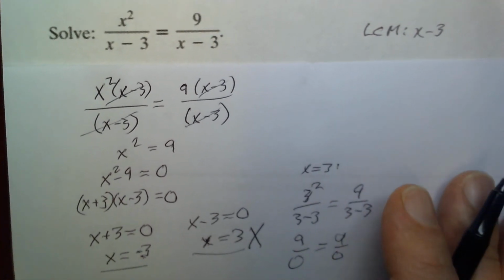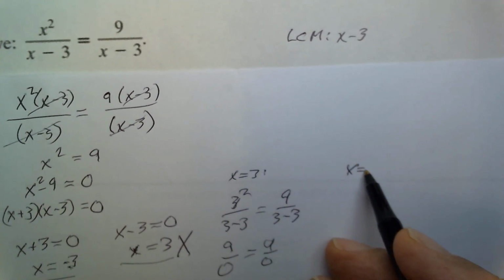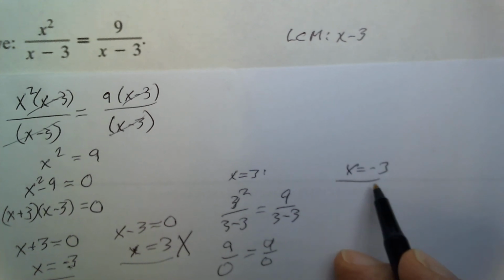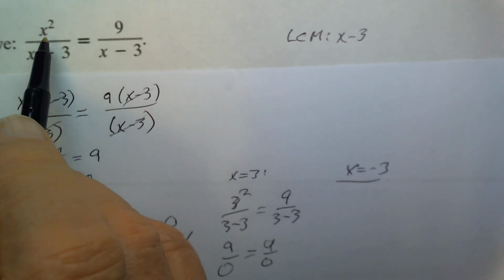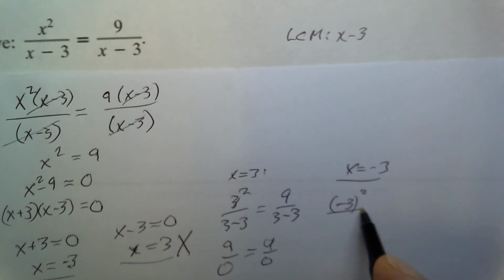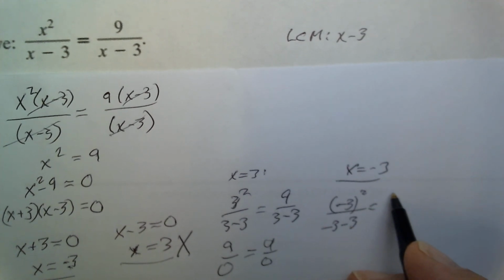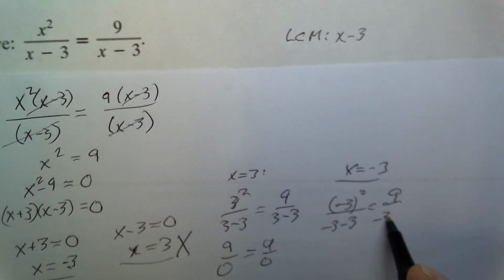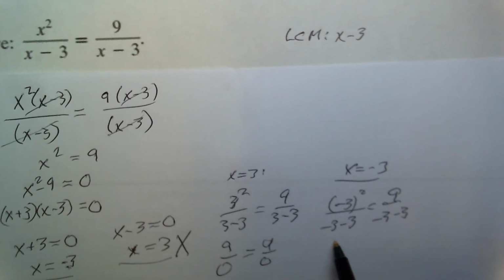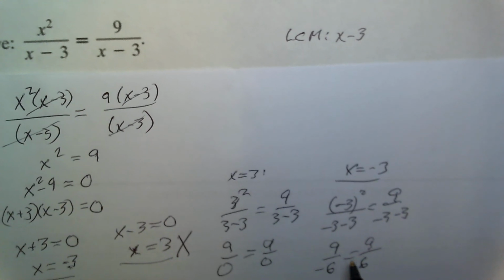When we replace the variable with x equals minus 3, let's see what we get. Then we have x squared, so it would be minus 3 squared divided by minus 3 equals 9 divided by minus 6, and that's also equal to 9 divided by minus 6, and so that's equal.